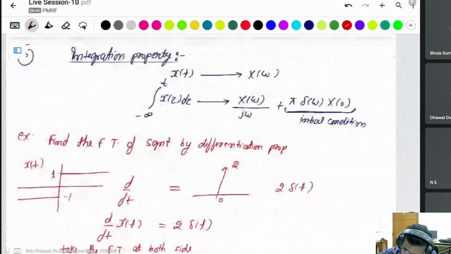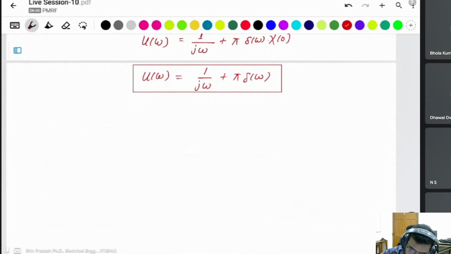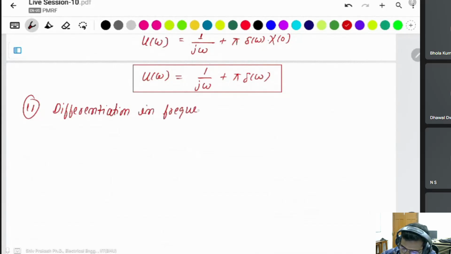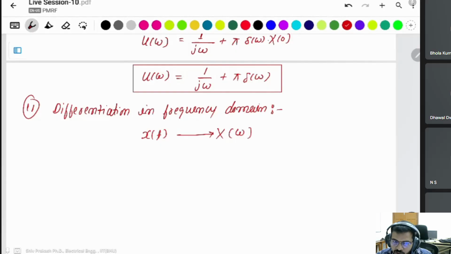Okay, next property is differentiation in the frequency domain. There is some time signal whose Fourier transform will be X(omega).